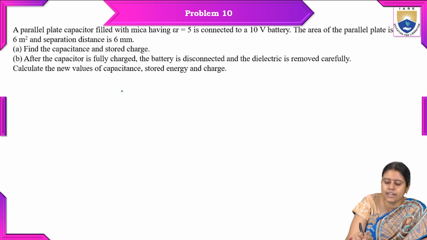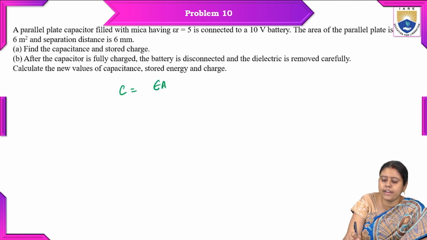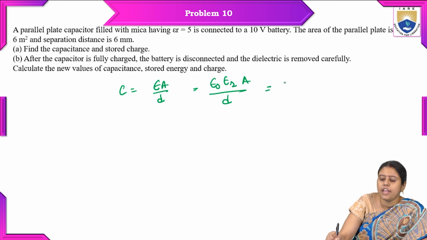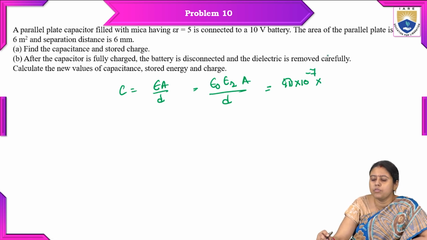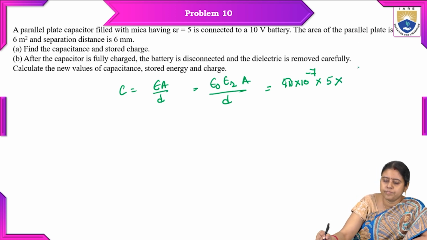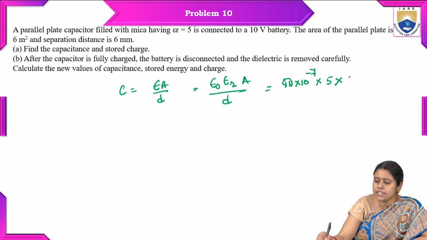For a parallel plate capacitor, C is equal to epsilon A by D, where epsilon is epsilon naught epsilon R. What is epsilon naught? Epsilon naught is equal to 4 pi into 10 to the power minus 7. Epsilon R value is given as 5. A value is given as 6 meter square, and the distance between them is 6 millimeter.